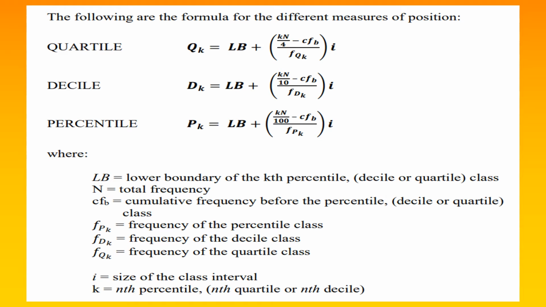F sub p sub k is equal to frequency of the percentile class. F sub d sub k is equal to frequency of the decile class. F sub q sub k is equal to frequency of the quartile class. I is equal to the size of the class interval. K is equal to nth percentile, nth quartile, or nth decile.